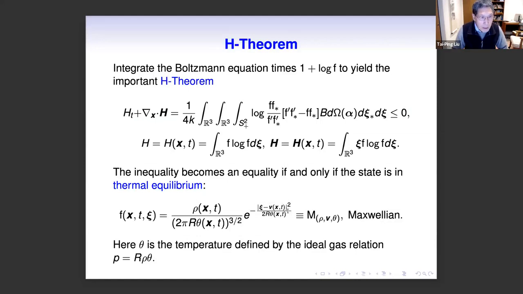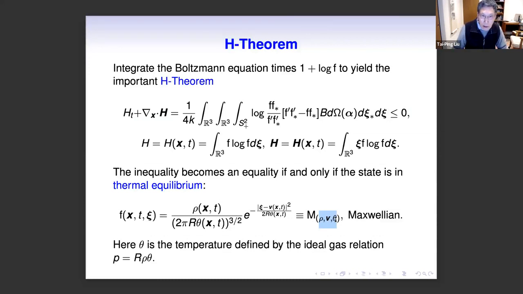So that's the Maxwellian. And the Maxwellian depends on the density, velocity, and the temperature. The Boltzmann equation is corresponding to the monatomic gas.